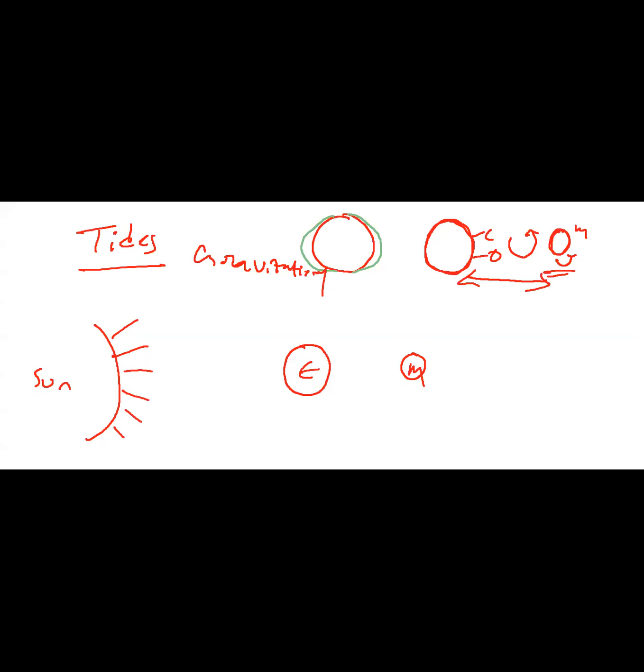Earth and moon always rotate and revolve. Because of the presence of the sun, there is always a slight bulge. But remember, the moon is either in position A, or sometimes it comes to position B.